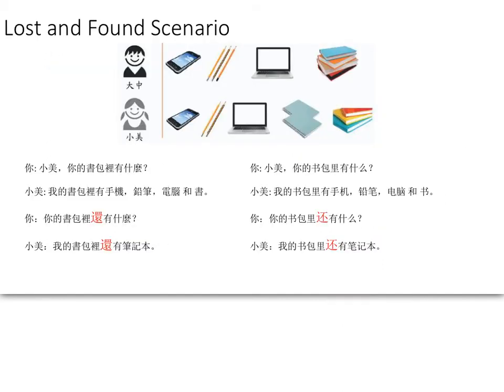Now we are going to cover the last piece of the new content. We are going to use a lost and found scenario to make this concept more tangible. In this scenario, 大钟和小美, they both have the same backpack and they lost them at the same time. So you're the person at the lost and found, and you try to give them back their correct backpack. So this is a dialogue between you and 小美.